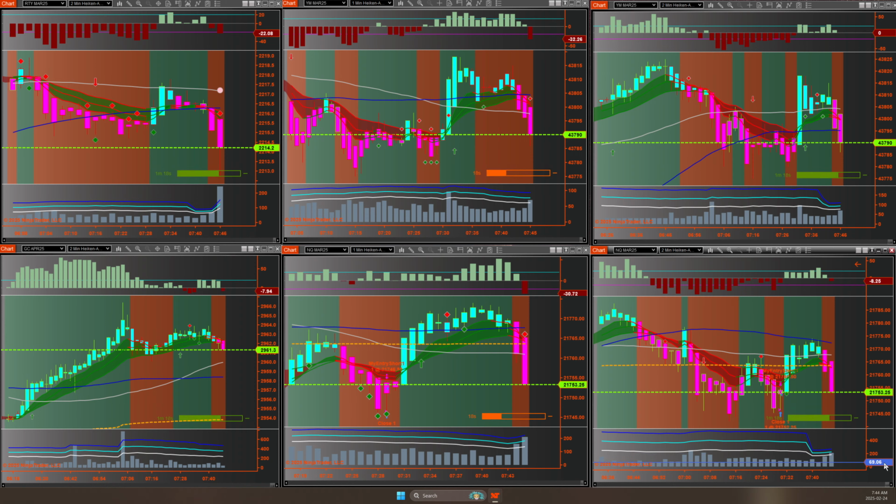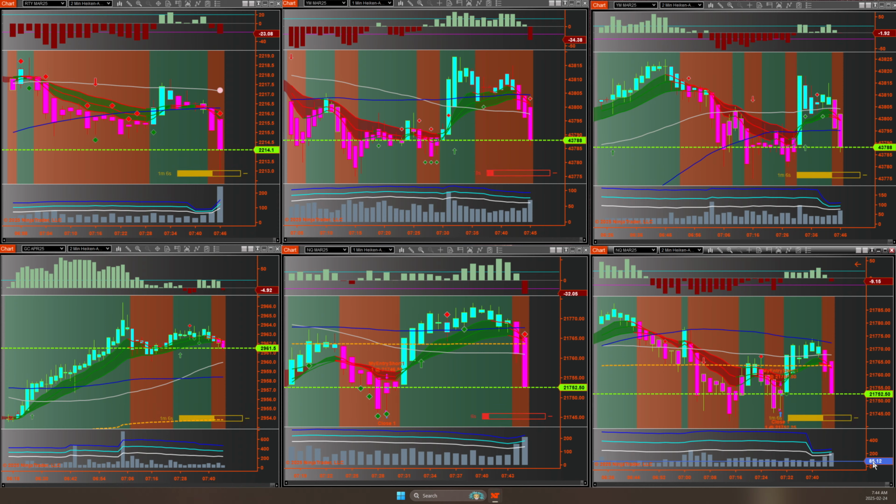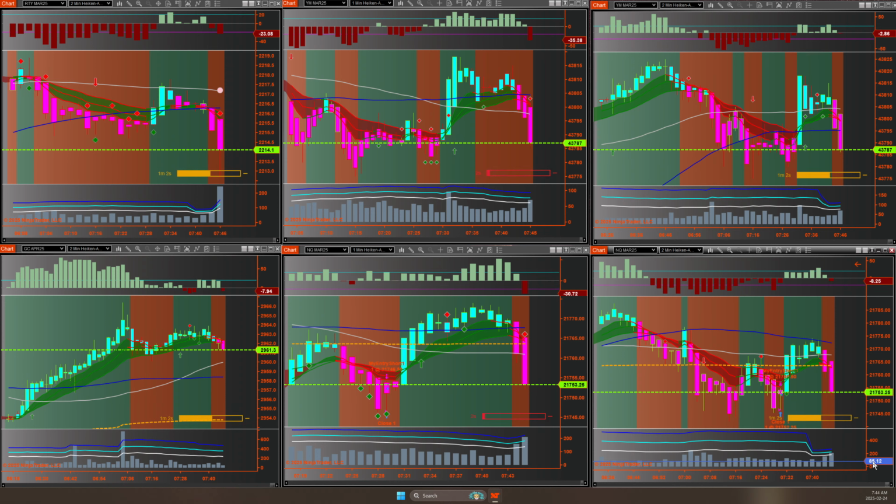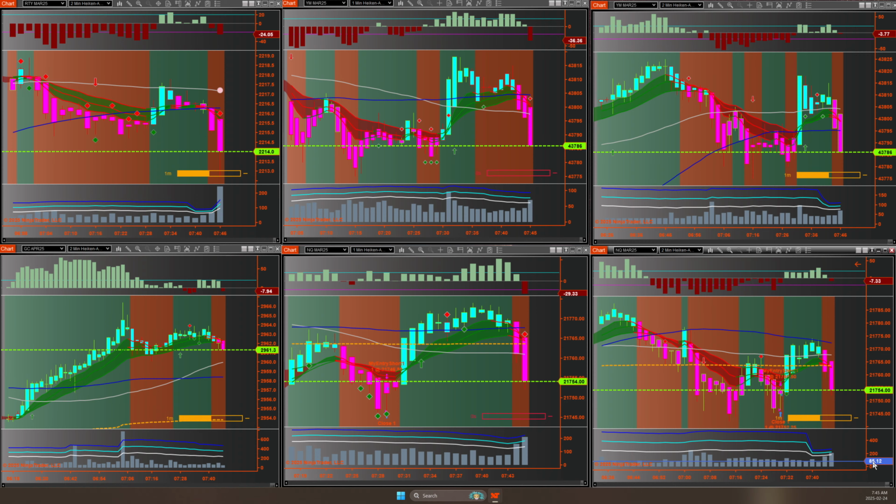Using AI, it's not easy, but it's fun. The idea is the same as what we were looking at on TradingView, but it's different.